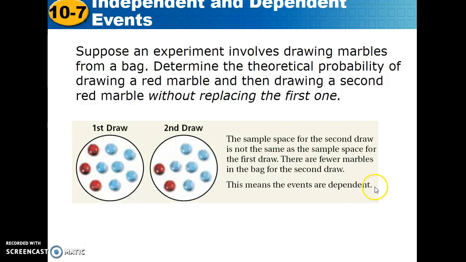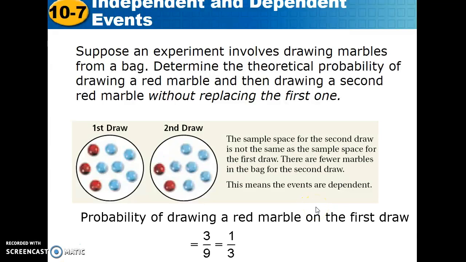Let's look at this. Suppose we have 2 different sets of marbles. Determine the theoretical probability of drawing a red marble and then drawing a second red marble without replacing it. So here we have the red marbles, 3 of them. After the first draw, 1 is removed. That's the event we're talking about. So in the second draw, we can see that the sample space has changed. This means that we have dependent events.